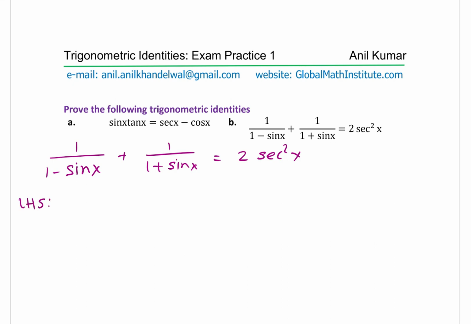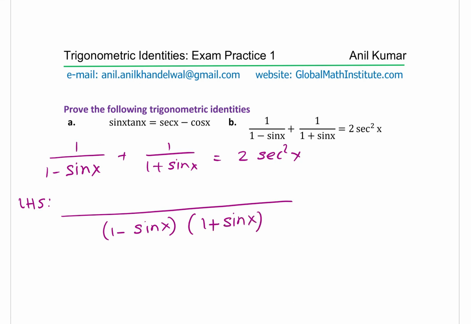We can take a common denominator, which is the product of 1 minus sine x times 1 plus sine x. Cross multiply, you get 1 plus sine x plus 1 minus sine x. Now add the like terms. 1 plus 1 is 2, sine x minus sine x is 0. And in the denominator we get 1 minus sine square x.